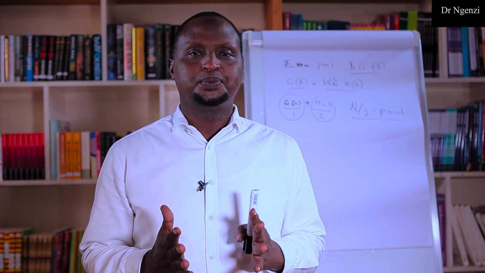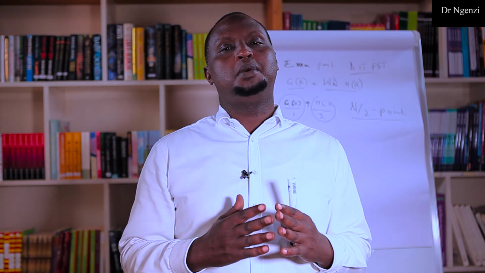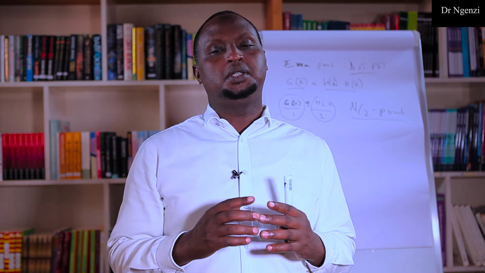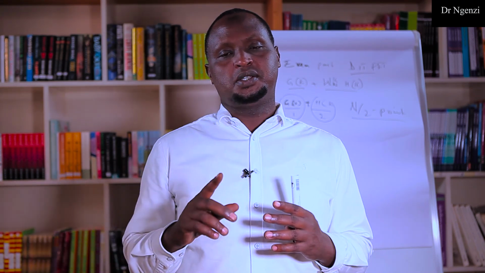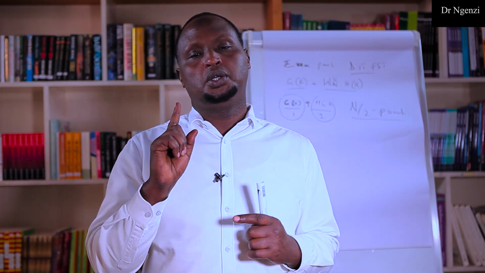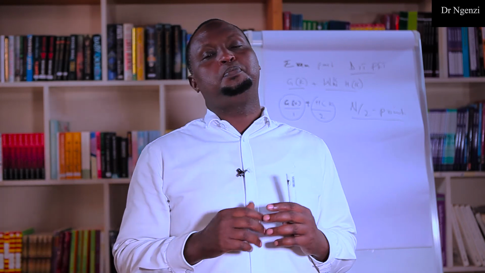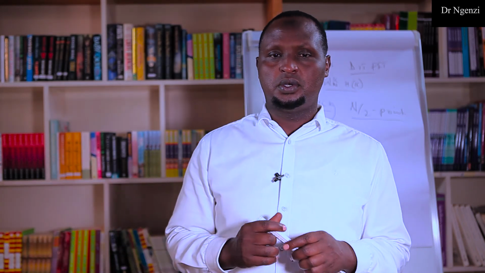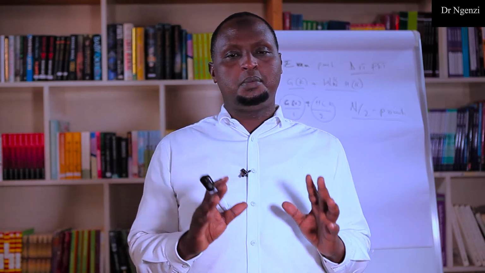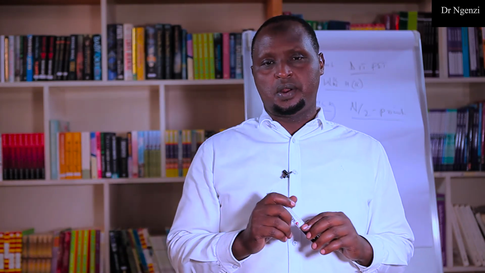Then we also have to remember that when applying the N over 2 point algorithm, W_N is going to be W_N over 2. So those are the main points, a summary of the FFT algorithm in this video.